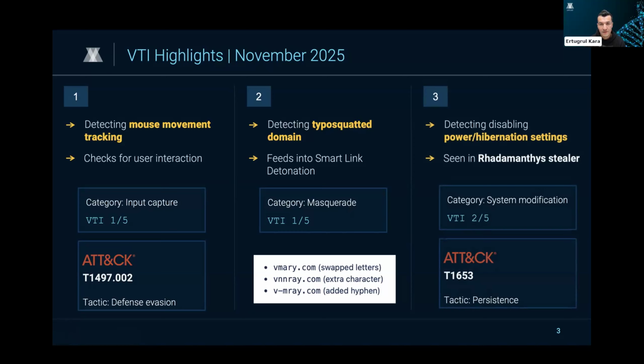And from our end, it's a 2 out of 5 score for now, since again, some legit software can do this too. Also, it leads us right into info stealers, because this behavior was observed in a Rhadamanthys sample, which was part of the recent Operation Endgame takedown by law enforcement.